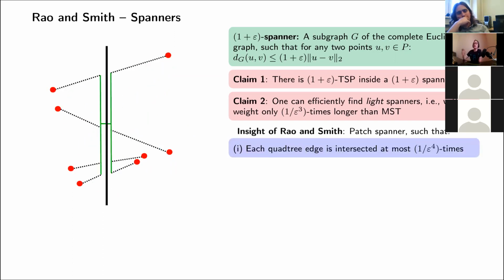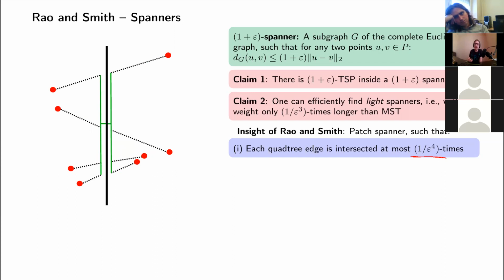Okay, so the main insight of Rao and Smith now is that if you have the spanner, you can patch it in a similar way to Arora, and guarantee that if you have a randomly chosen quad tree and you have computed this light spanner, then you can patch it like in this figure and get that it will be crossing every edge of the quad tree at most polynomial in 1 over epsilon times.